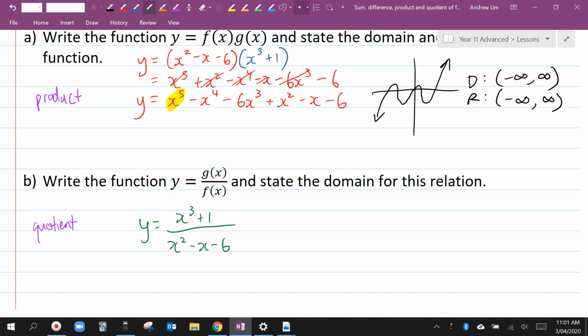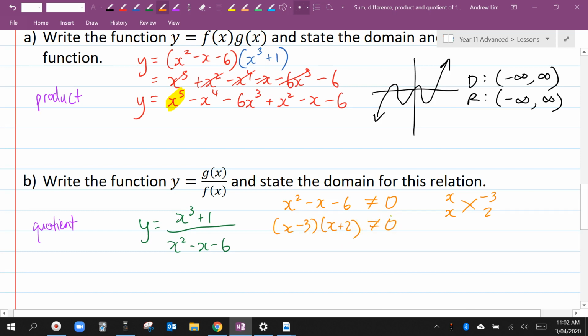Now we need to state the domain of this relation. Because we have a fraction, the denominator cannot equal 0. So what can't x be? Well, here, because we've got a monic quadratic trinomial, we can factorize that. The two numbers that multiply to negative 6 but add to negative 1 are negative 3 and 2. So we can factorize this to x minus 3 times x plus 2, and that cannot equal 0.